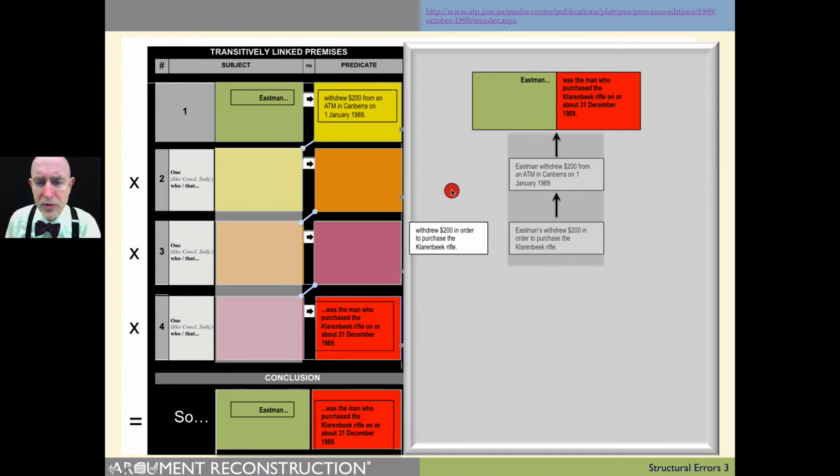So here we've moved the first one up here, withdrew $200 from an ATM in Canberra on 1 January 1989. And the second predicate we put here, withdrew $200 in order to purchase the Clarenbeck rifle.